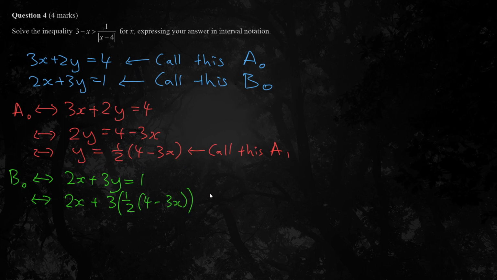We want to emphasize that these two lines are only equivalent if A1 is true, if A1 is assumed. And then we can keep going. But the important thing here is to only use the latest version of A. So I'm not allowed to use A0 here. I've always got to use the latest version of all my symbols. So if I'm up to A5, I'm not allowed to use A0 through to A4. I can only use A5, okay?